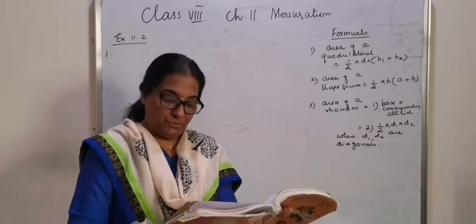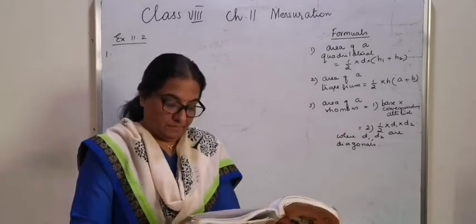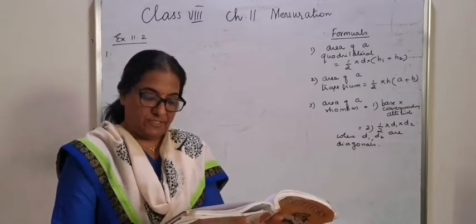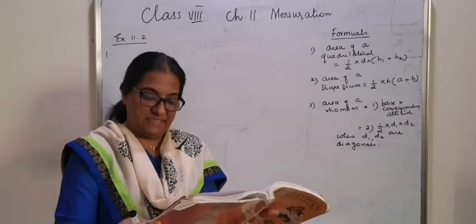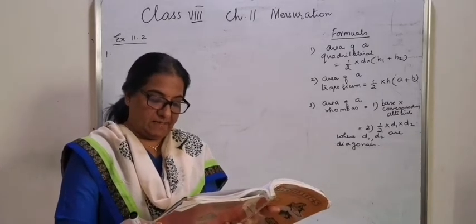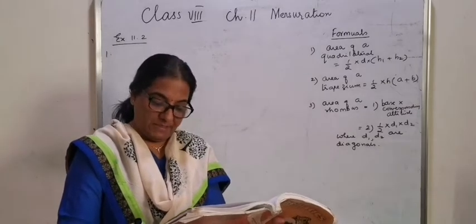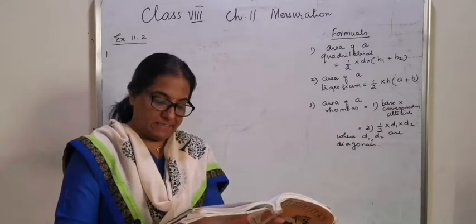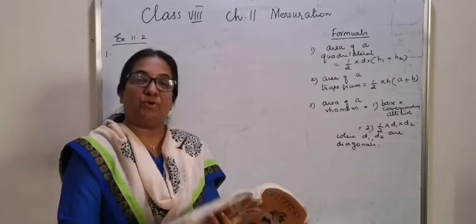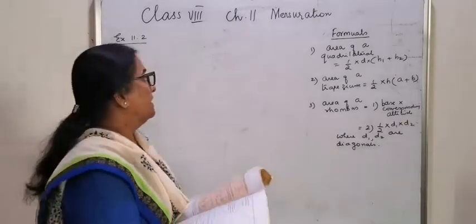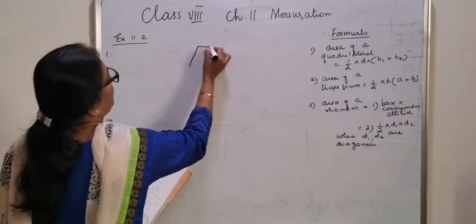Exercise 11.2, question number 1. The shape of the top surface of a table is a trapezium. Find its area if the parallel sides are 1 meter, 1.2 meter and the perpendicular distance between them is 0.8 meter. A rough figure will always help you.